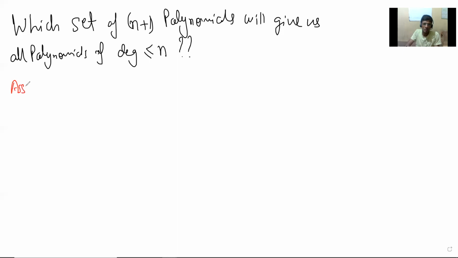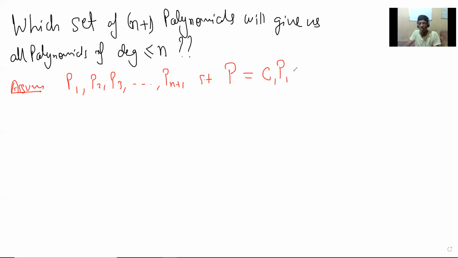Assume that there is this collection of polynomials p_0, p_1, p_2 till p_n, such that any p can be written using them, right? So the coefficients will obviously depend on p, but yeah.